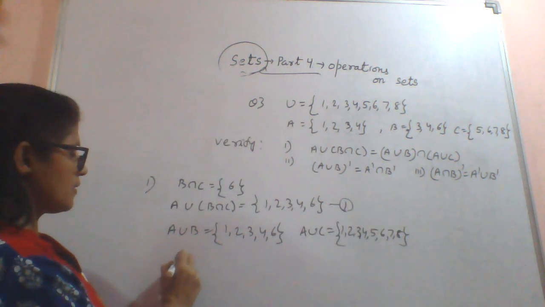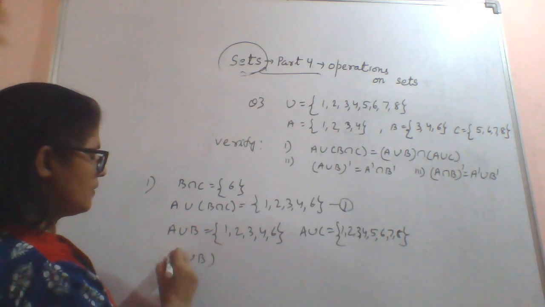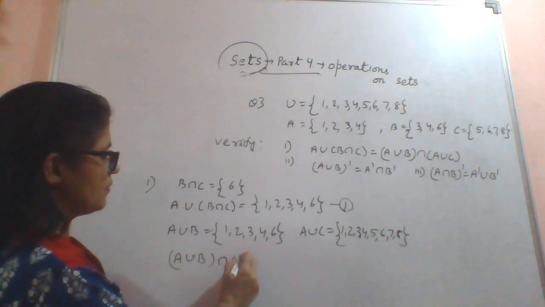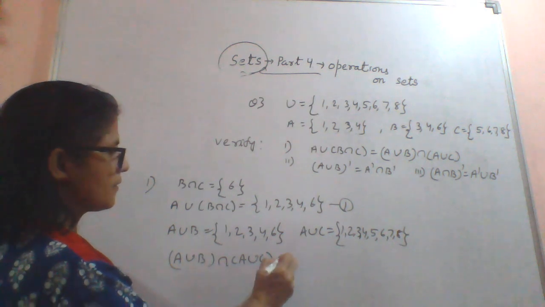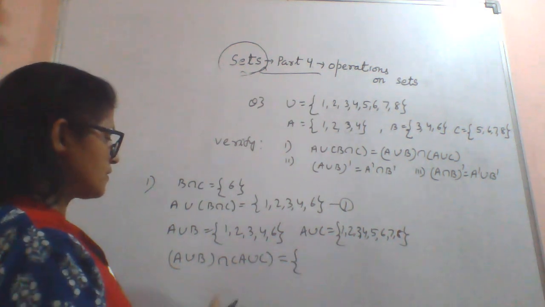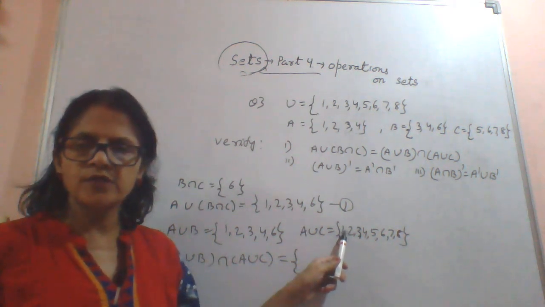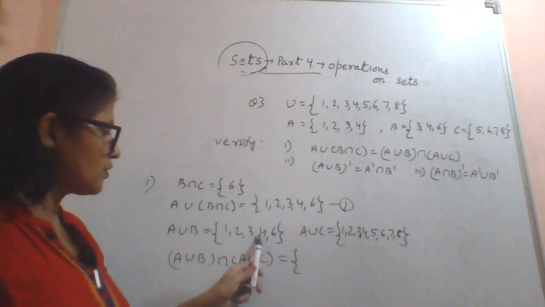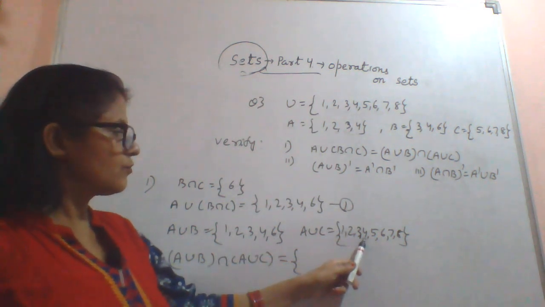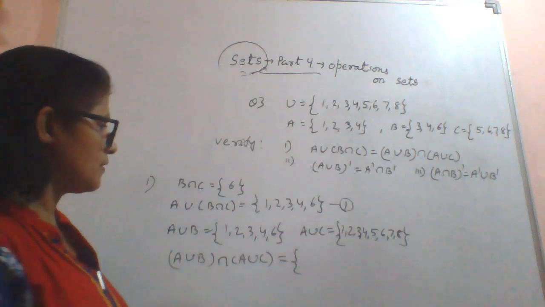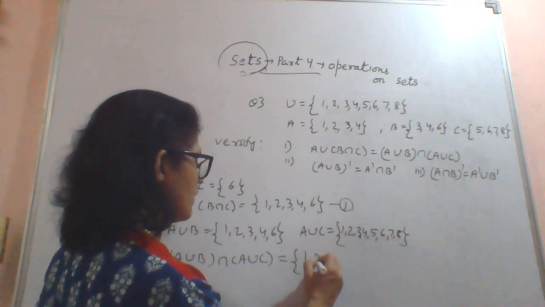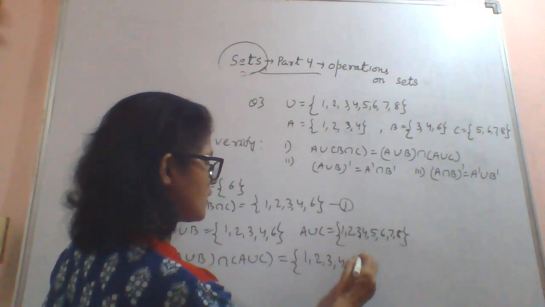And if you take (A union B) intersection (A union C), you are getting what? Common elements of these two sets: {1, 2, 3, 4, 6} and {1, 2, 3, 4, 5, 6, 7, 8}. So you are getting {1, 2, 3, 4, 6}.